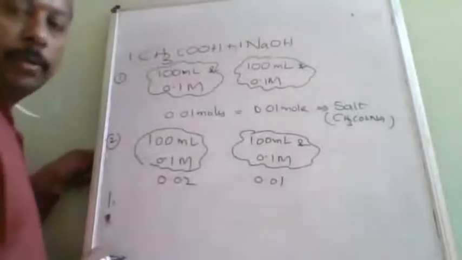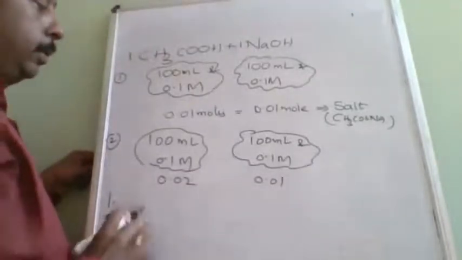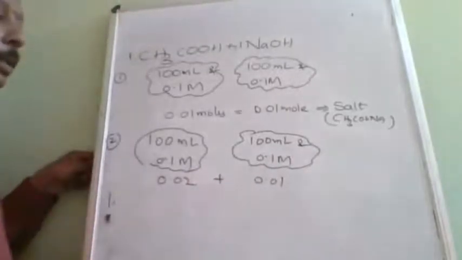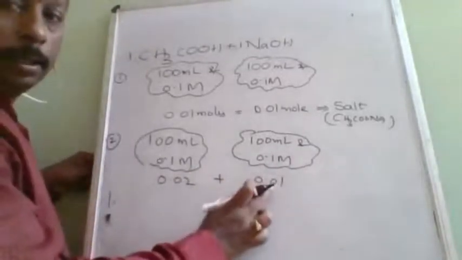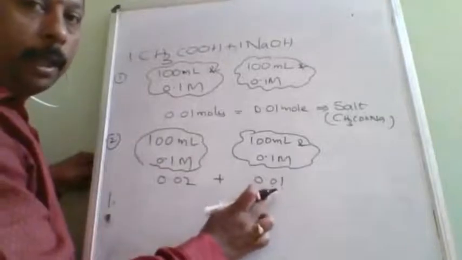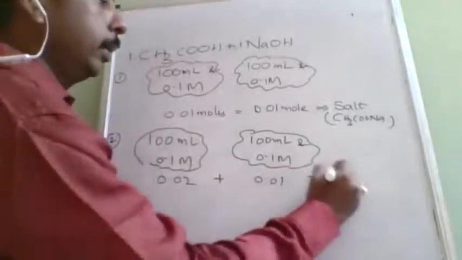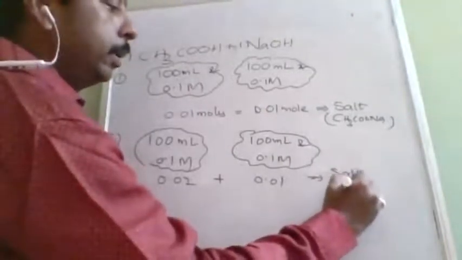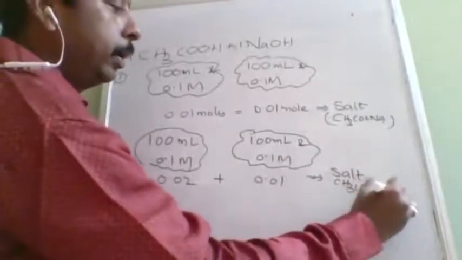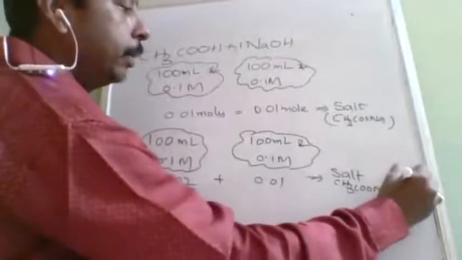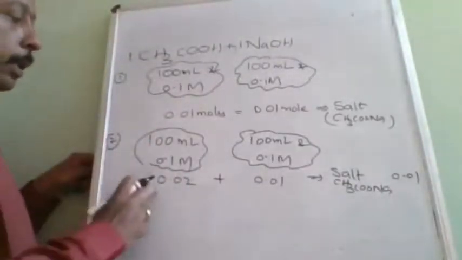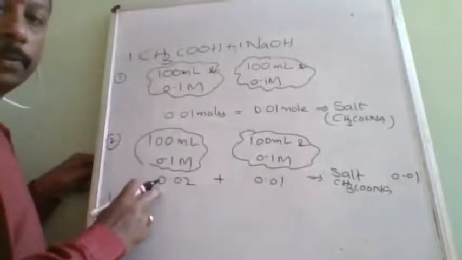So neutralization takes place, and the base is the limiting reagent. The product formed will be according to the limiting reagent. Here the salt formed is CH3COONa, 0.01 of it.